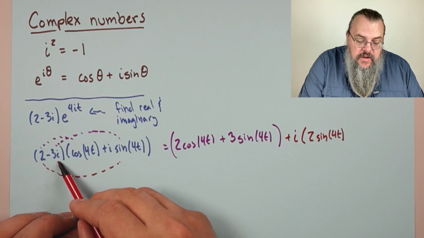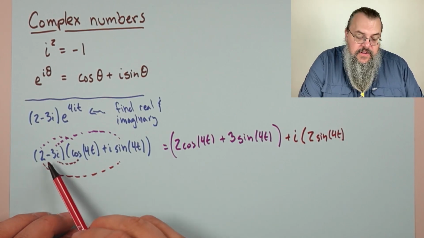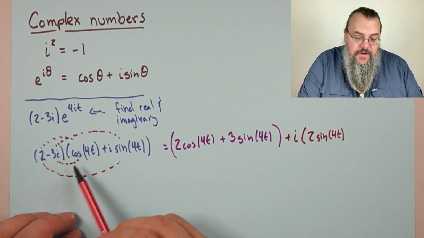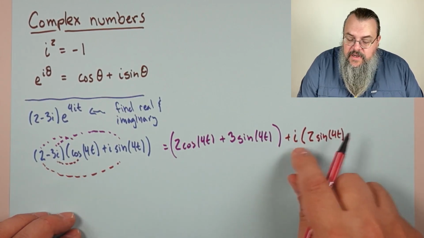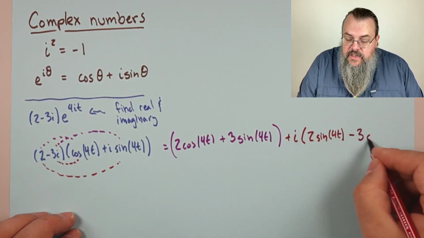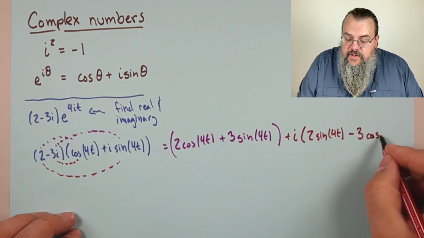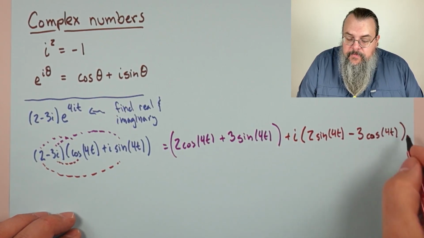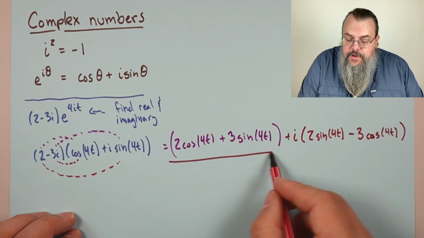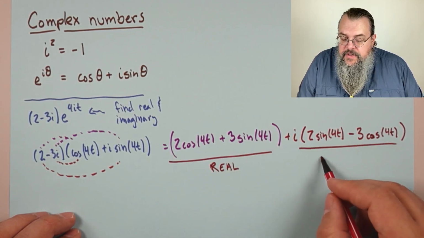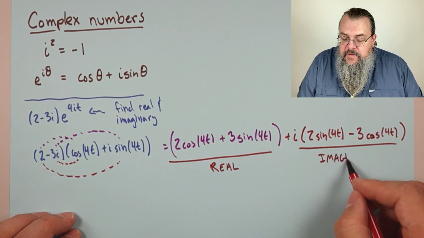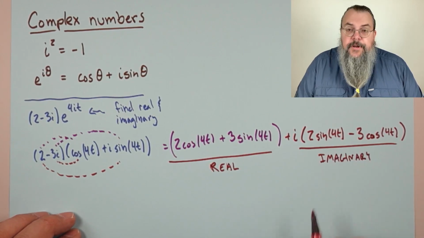And our last part, the inner part: again, there's an i, and then a -3, and a cosine 4t. We have the i, so -3 cosine 4t. And there we go. There's the real part. There's the imaginary part. And life is good.